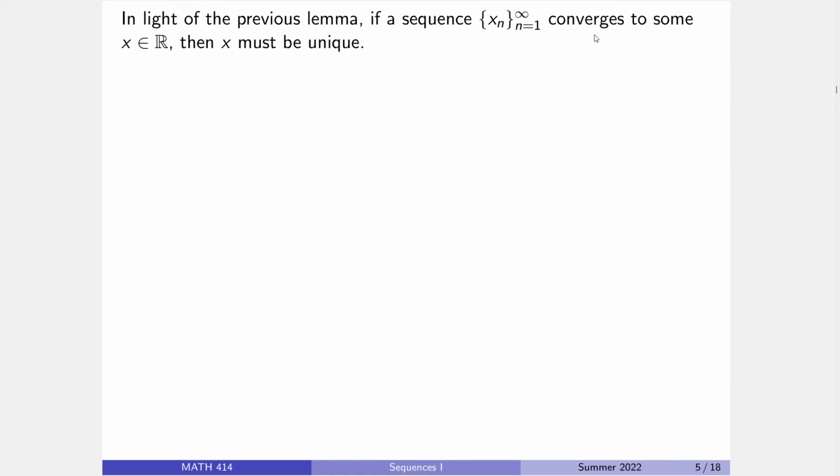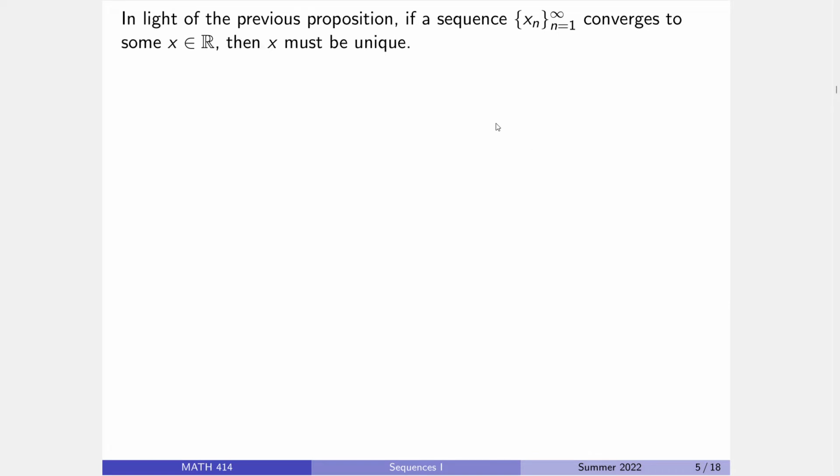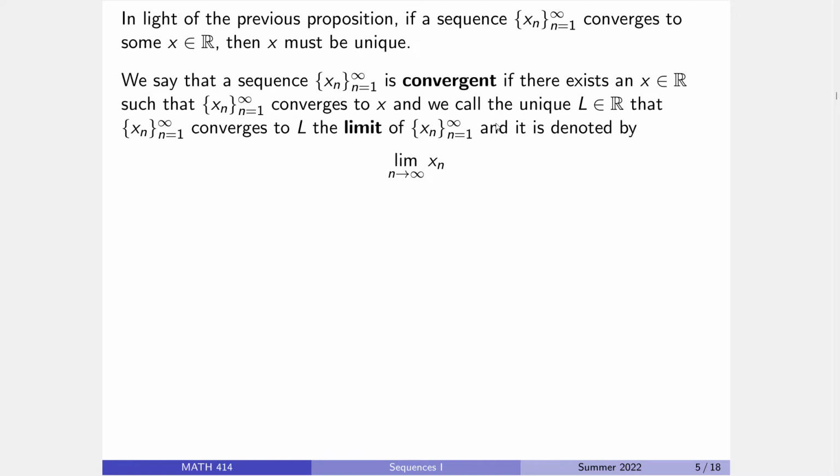So, previous lemma, previous proposition. That's what I'm calling them. I mean, there's no distinction between them. But previous prop, get the alliteration going. Anyway, by the previous result, if a sequence converges to something, whatever it converges to is unique, so we can now say a sequence is convergent if there's something it converges to, and the unique thing it converges to is its limit, and we denote it, as we have seen before, limit as n goes to infinity of x sub n.